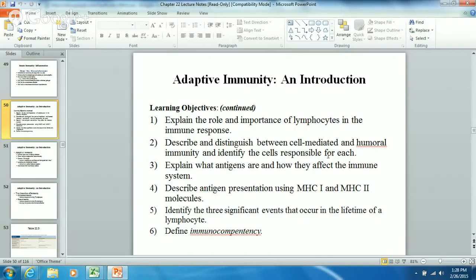You'll read textbooks and listen to different people, and they'll tell you different names and words, but really you have three phases going on. You have exposure, you have activation, and then you have an active immunity that is created from all of that. If you don't have all three of those things, then you will not have an immunity to a substance, period. I don't care how bright you are and how bright your cells are. If they don't do those three things, then you're pretty much SOL.